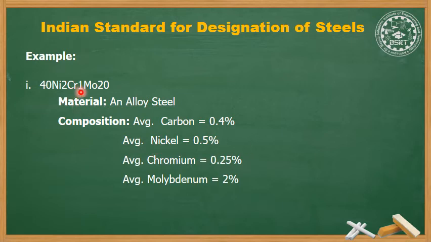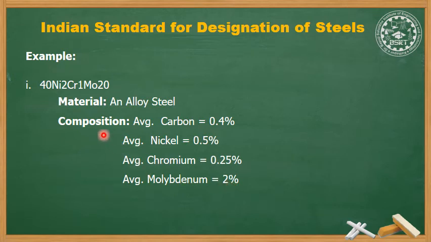Next is chromium 1. The percentage of chromium is found by dividing by the multiplying factor, which is again 4. So 1 divided by 4 gives 0.25. So the average percentage of chromium will be 0.25. And for molybdenum, the multiplying factor is 10, so divide this 20 by 10, you will get 2. So the average percentage of molybdenum will be 2.